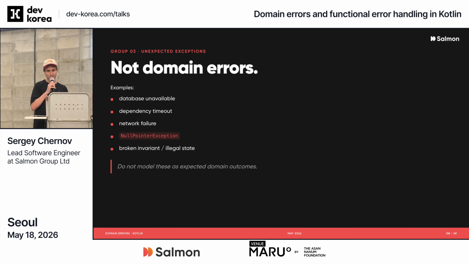Usually you don't expect these errors and don't consider them business failures. They are unexpected and you don't want to react to them. You just return a general error, like internal server error, and the client side sees just: something went wrong, right?